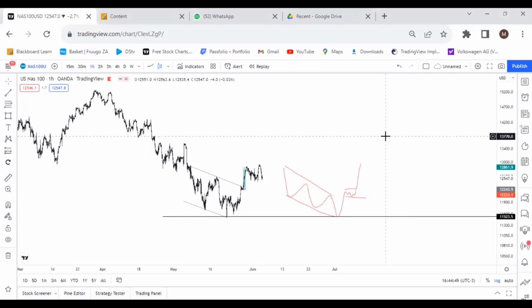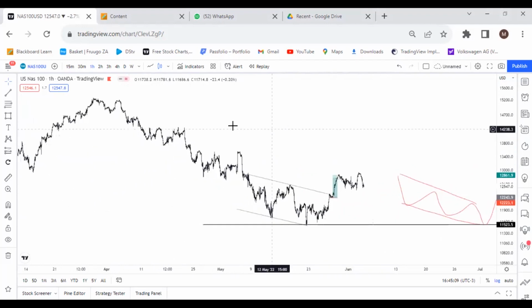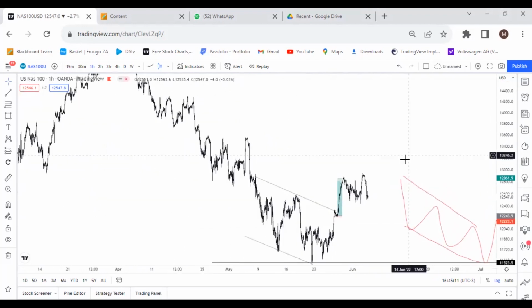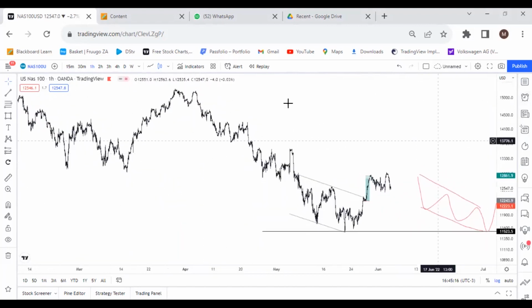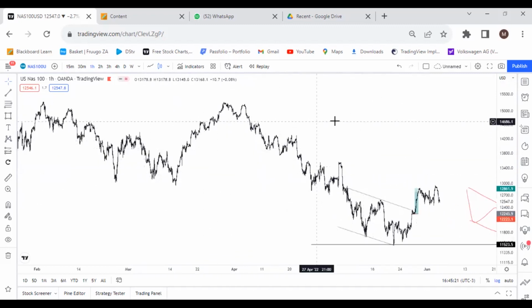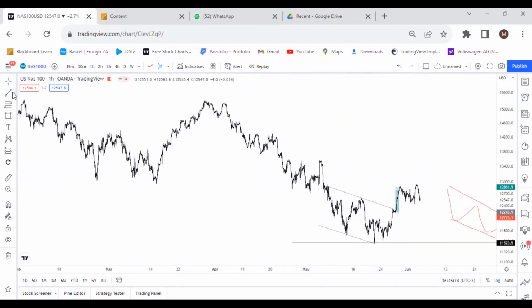Not really, but based on how I look at the Nasdaq, this place that you mark as a correction, most of the chart looks like a correction to me. Yeah, it seems like since April 11th it's been correcting, but we did have opportunities within this correction.